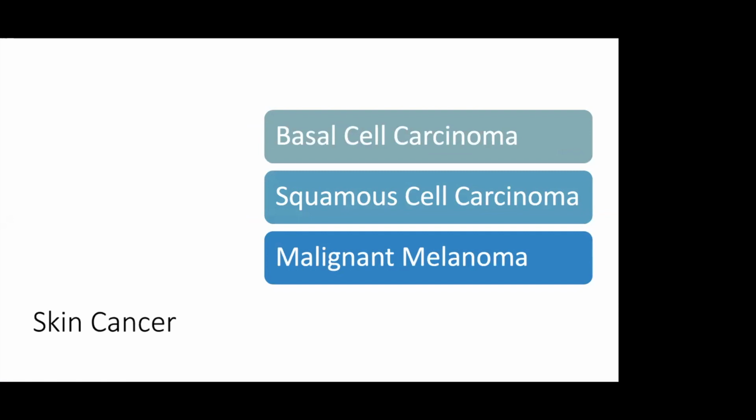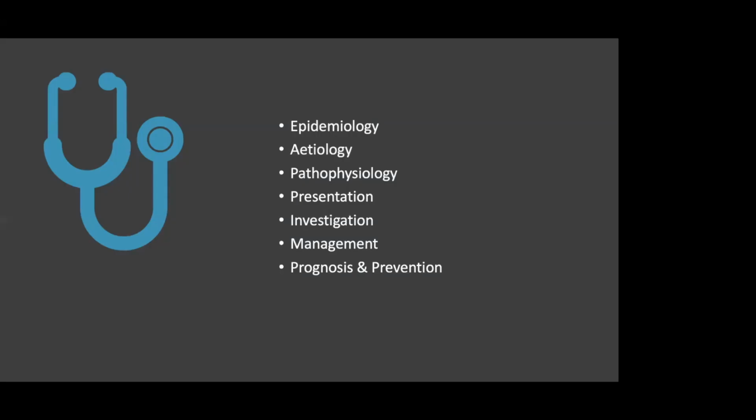So as you know, the three most common types of skin cancer are basal cell carcinoma, squamous cell carcinoma, and malignant melanoma. For each in turn, we're going to be looking at the causes and pathophysiology of these conditions, how they typically present, their signs and symptoms, and how to approach the assessment of suspicious skin lesions, thinking about how we investigate and then go on to manage these conditions.